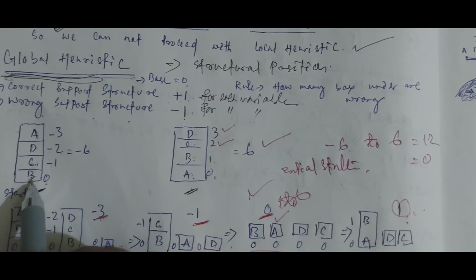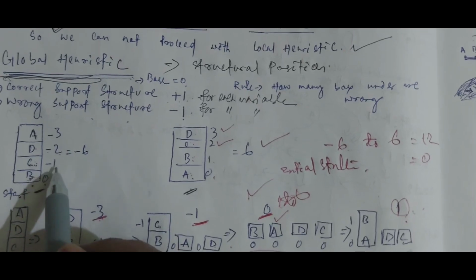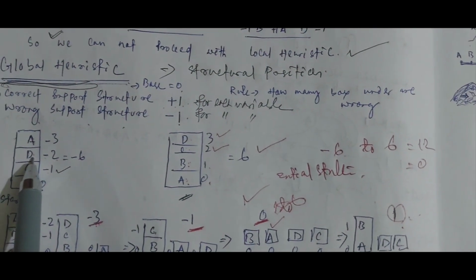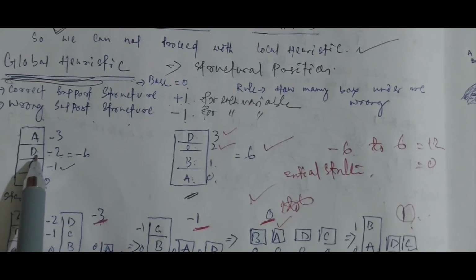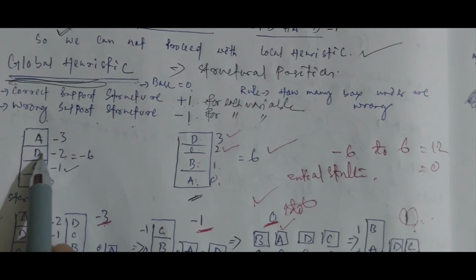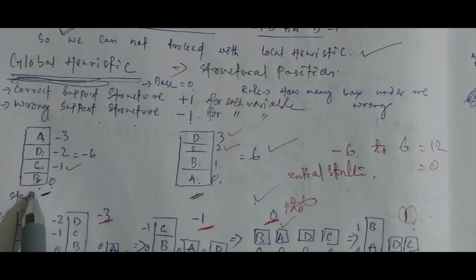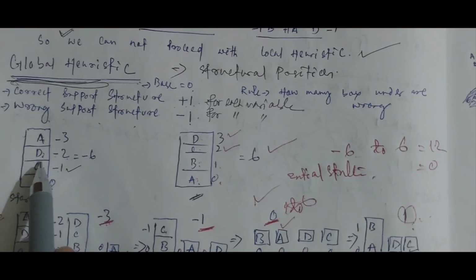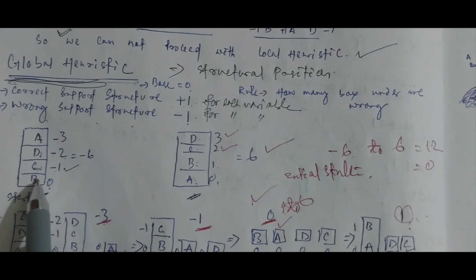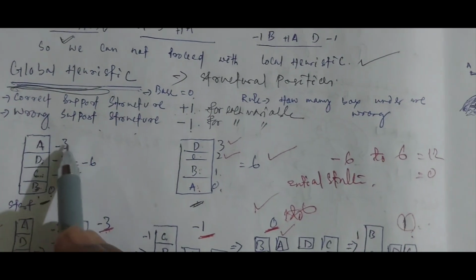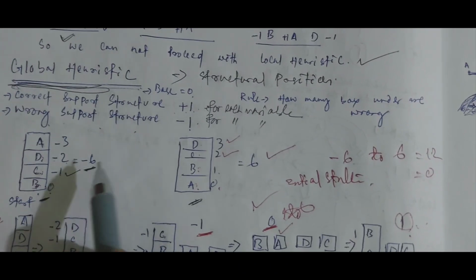Only 1, so it will be -1. Similarly, D is not at the right structural position because B is over C, C is over D, which is correct, but B is not over A. So D considers how many variables are under it. 2 variables, so it will be -2. Similarly, A will be -3. So the total will be -6.